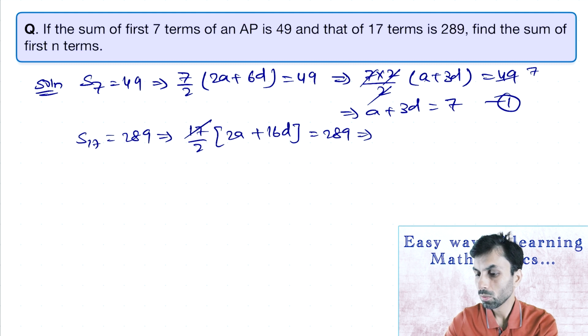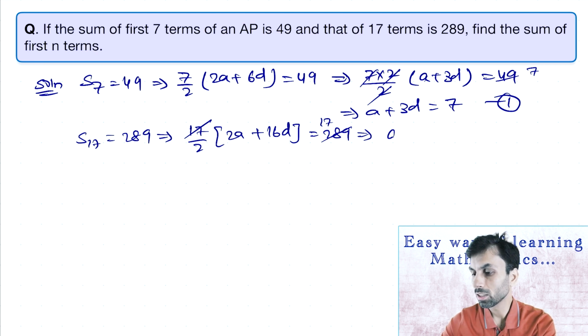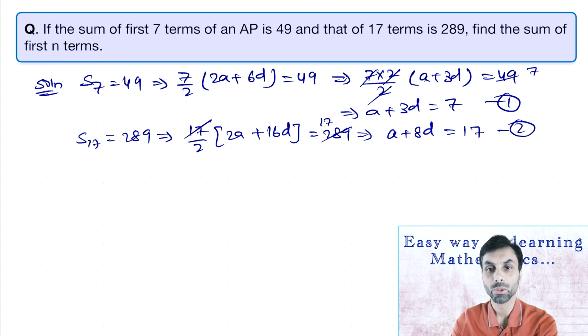So here we can cancel this 17 times, and if you take 2 common from 2a plus 16d, we'll get a plus 8d. So here we'll get this one as a plus 8d equals to 17, that is equation number 2.